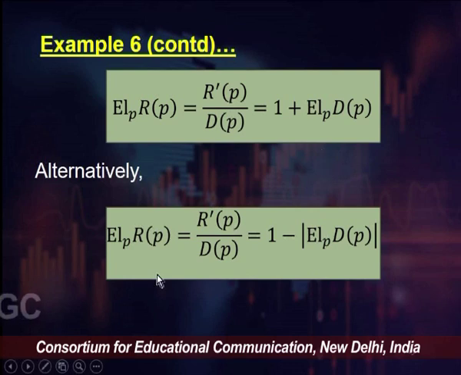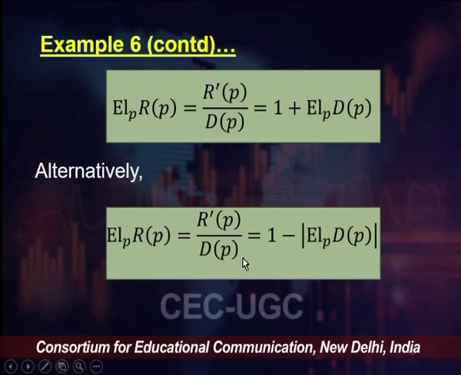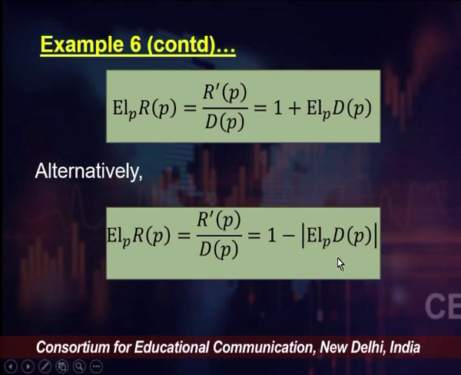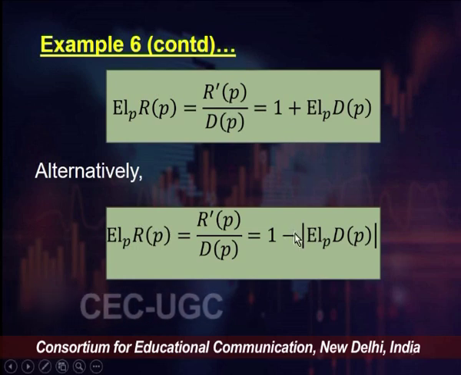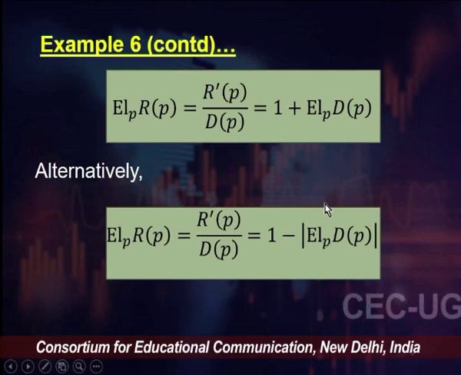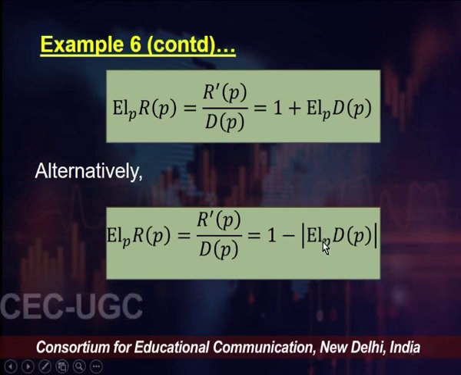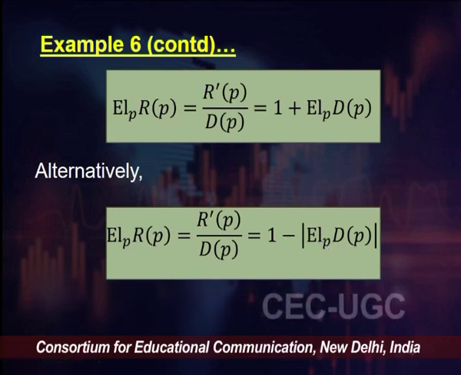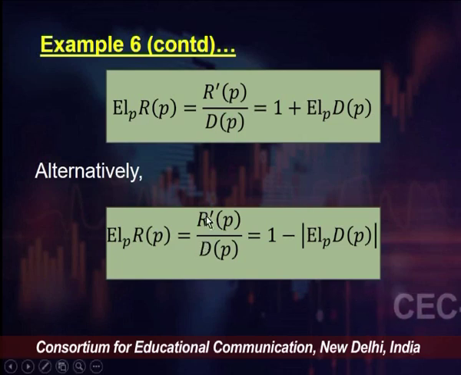An alternative way of writing the elasticity of revenue with respect to price is 1 minus the absolute value of the elasticity of demand with respect to price. You can see that the two expressions on this slide are actually the same, because all I have done is take the absolute value of the elasticity of demand with respect to price, and the negative sign, because this elasticity would be negative, I have just brought out of the absolute value and written things in this way.